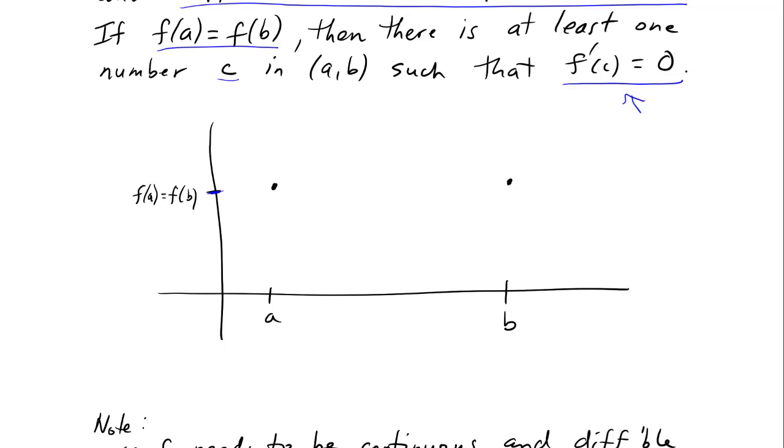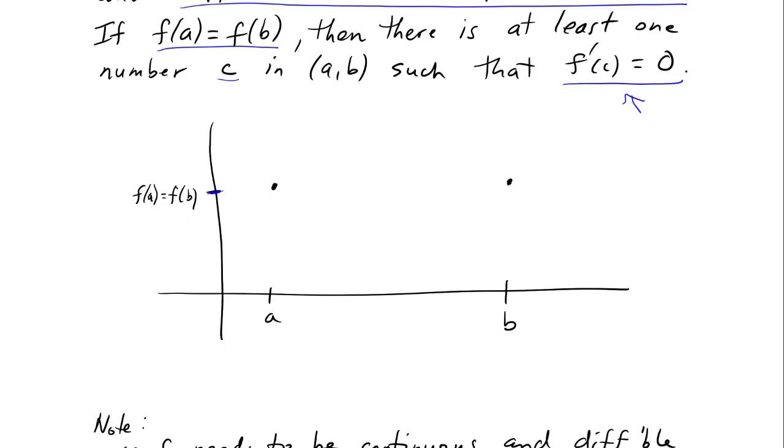A derivative of 0 would show up on a graph as a horizontal tangent line. So if I thought that this theorem wasn't true, then I would need to be able to get from the point at A to the point at B without creating a place for the horizontal tangent line.